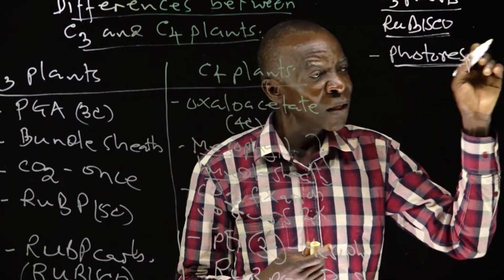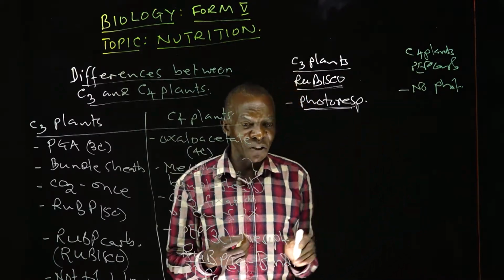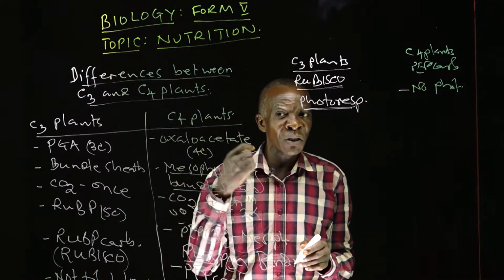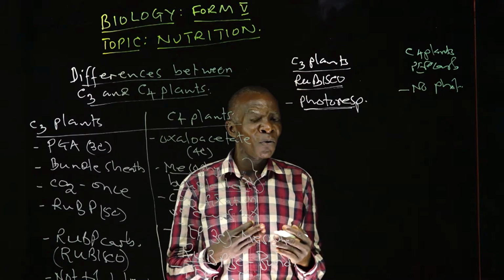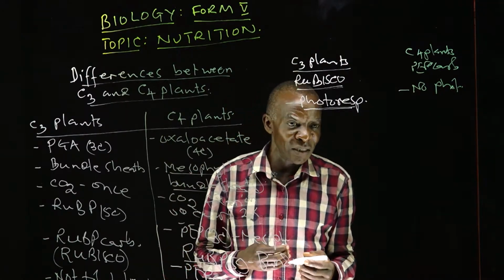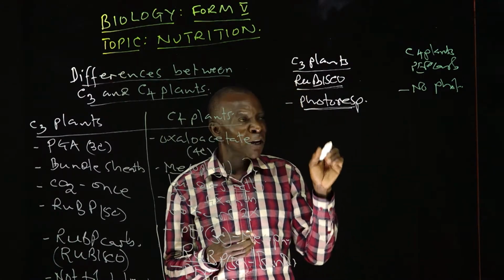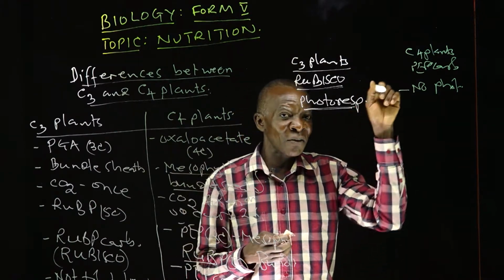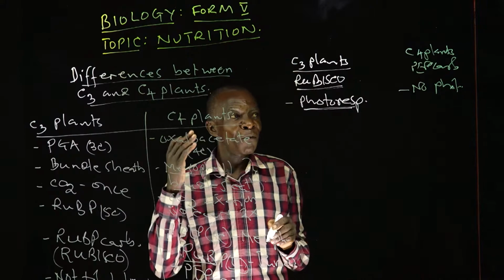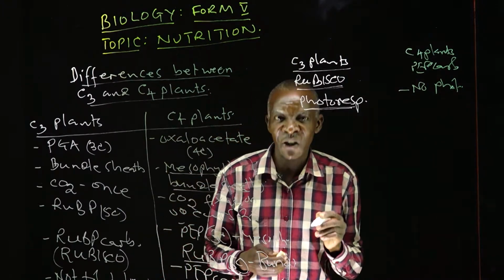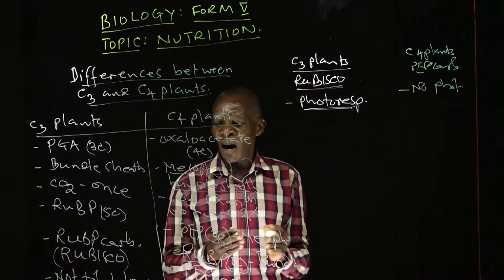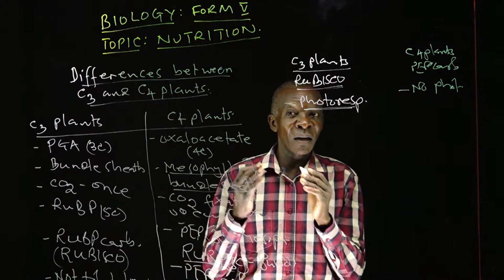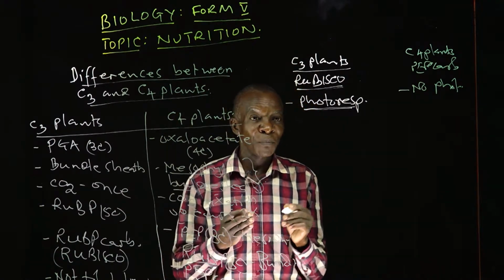But for the C4 plants, no matter how low the concentration of carbon dioxide is, still phosphoenolpyruvic acid carboxylase will catalyze its combination with phosphoenolpyruvic acid. Now, those are the differences between the C3 and the C4 plants.